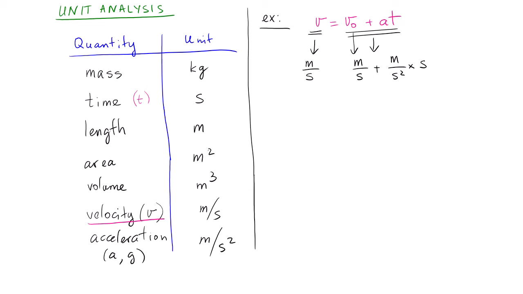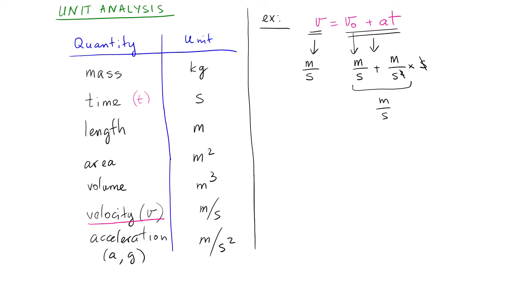As I said earlier, we can cancel some of them out, so one of the seconds will be canceled. So I have meters per second plus meters per second. Imagine if you're adding one apple to another apple, your result is 2 apples still. So if I'm adding 1 meter per second to 1 meter per second, the result is going to be meters per second as well.